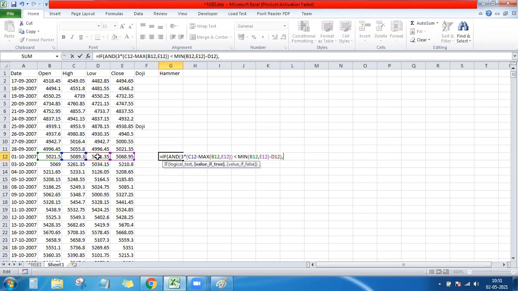If this is true, then you should display a hammer, or else do nothing. So we have written only one condition. We'll write the rest of the conditions also.